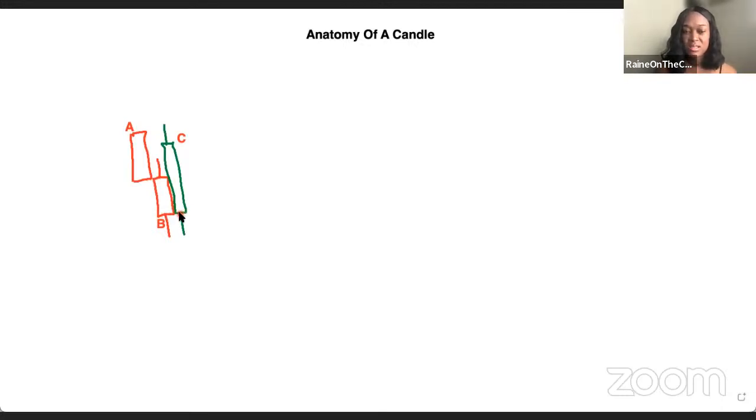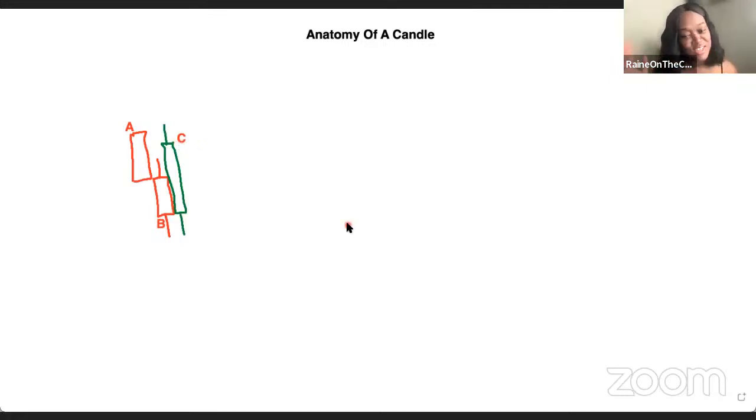Make sense? Yes. Perfect. All right, so C opens here, and where does C close? At the top. The top of the body. Perfect. Okay, wow, this was a good exercise.